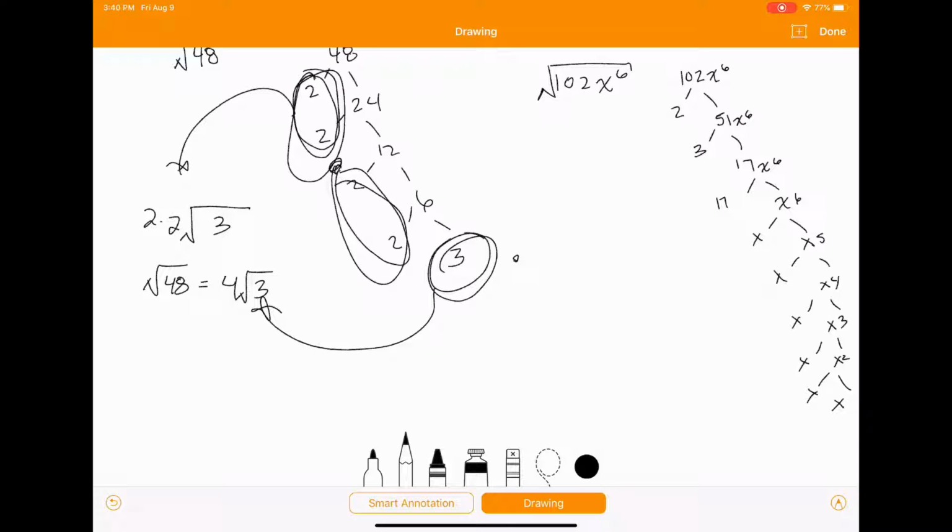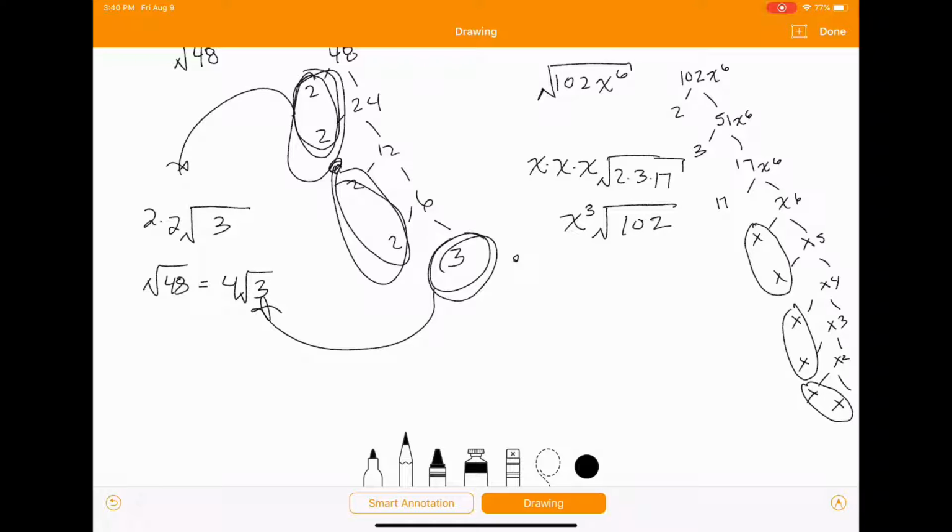Then you can circle any pairs that you have. So on the outside, we're going to have x times x times x, square root of 2 times 3 times 17. So that's going to be x cubed square root of 102 as your answer to that.